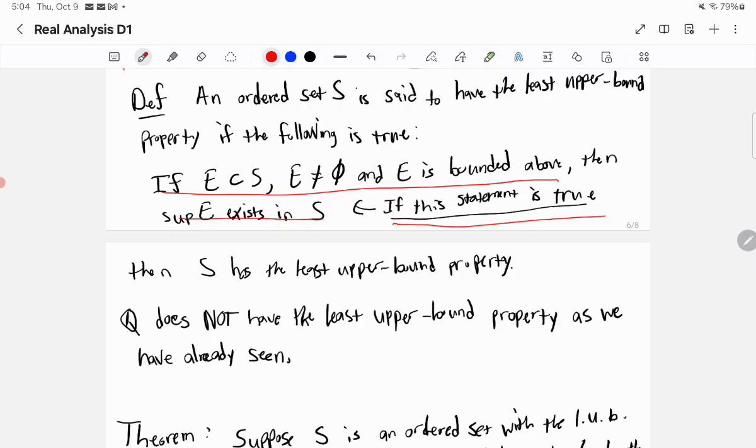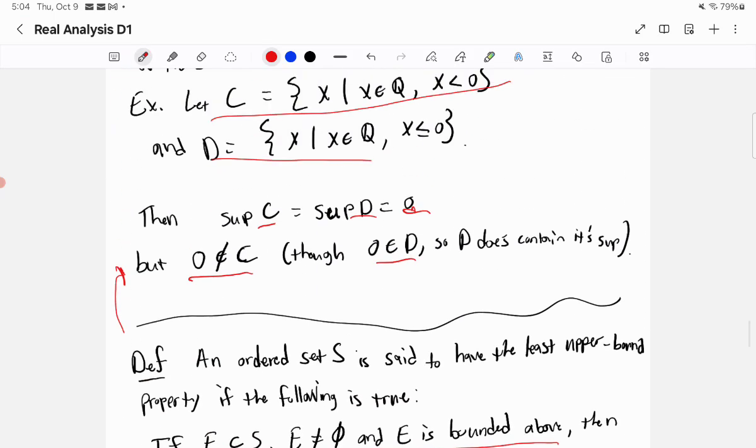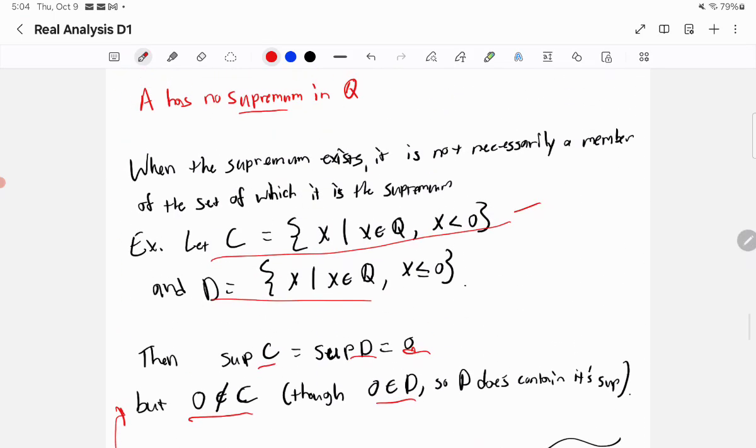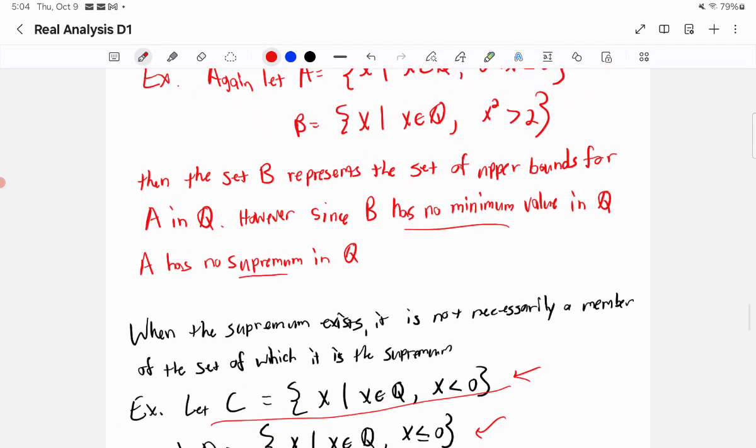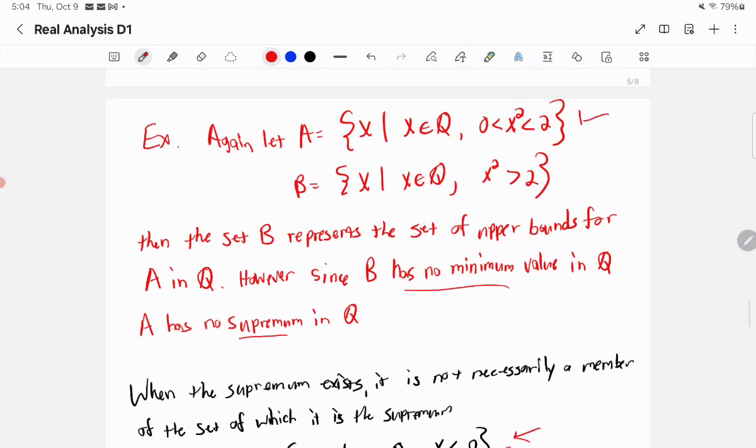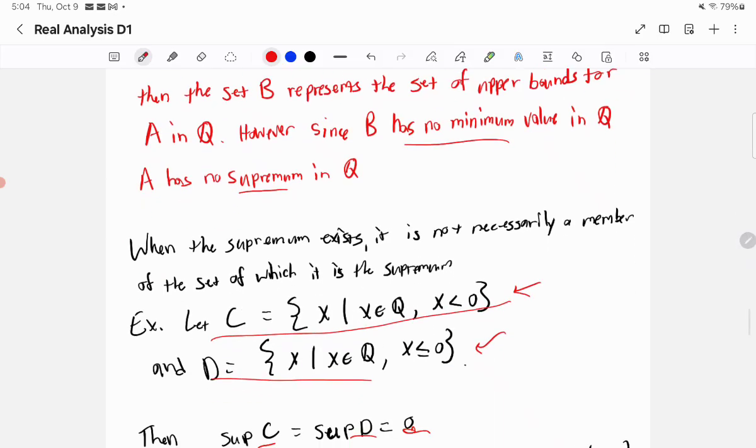and it follows that we have the least upper bound, then we would say that the set S has the least upper bound property. So this set C and this set D have the least upper bound property, whereas this set and this set do not necessarily have the least upper bound property.